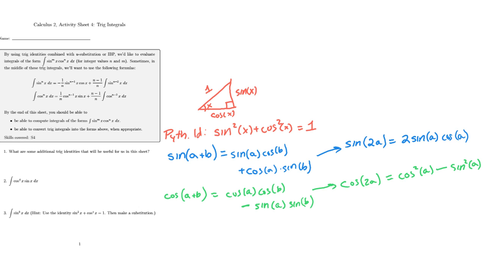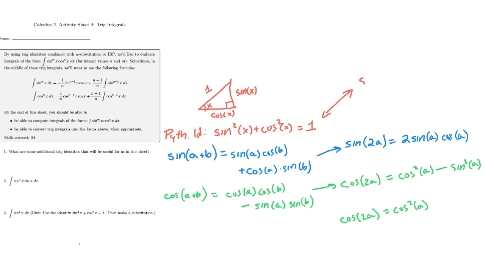For example, I could also write that cosine of 2a is equal to cosine squared of a minus, and then instead of sine squared, I could replace it with an equivalent expression coming from the Pythagorean identity. Specifically, notice sine squared plus cosine squared equals 1.